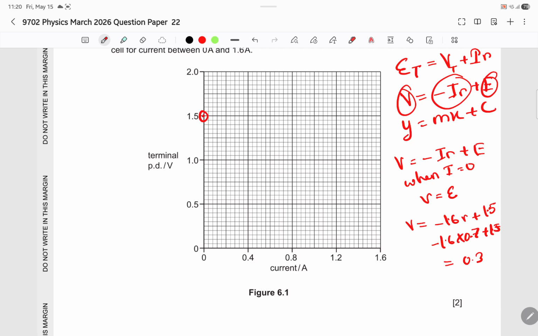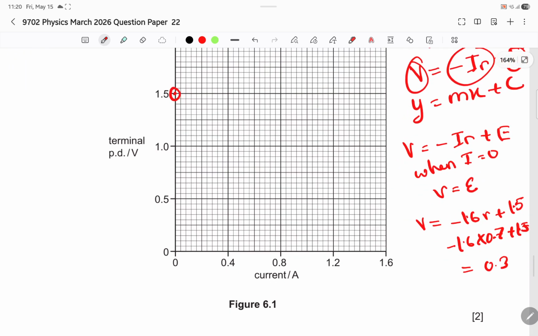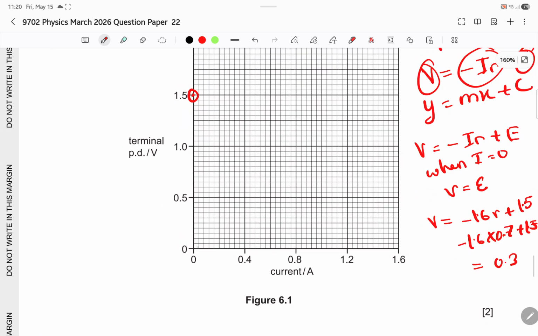So at 1.6 it's 0.3. Where is 0.3? If this is 0.5, 10 boxes, each box is 0.05.